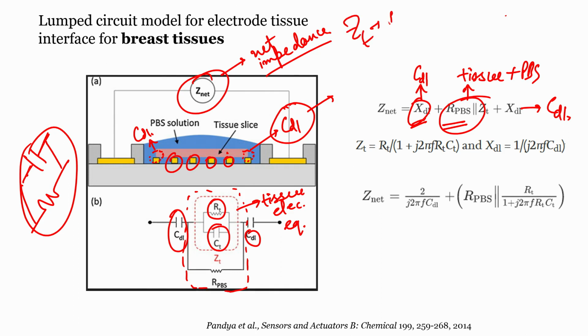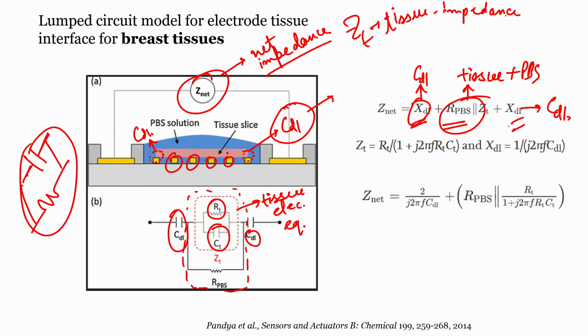ZT is tissue impedance. And Zt is given by a parallel combination of Rt and Ct.